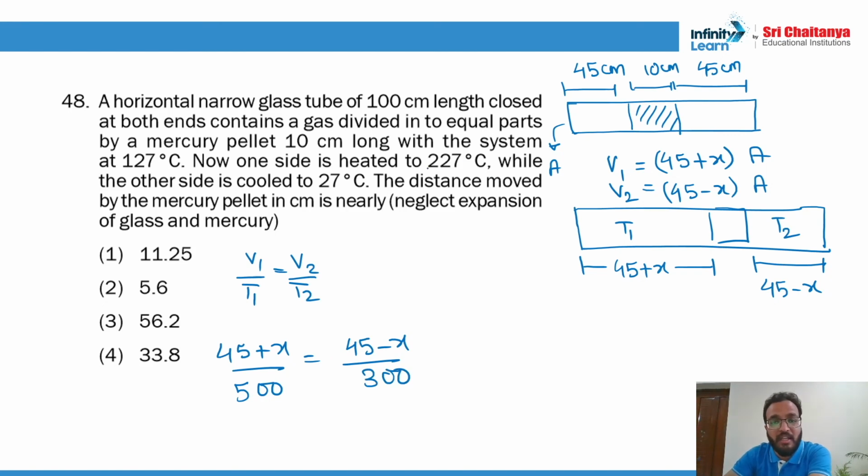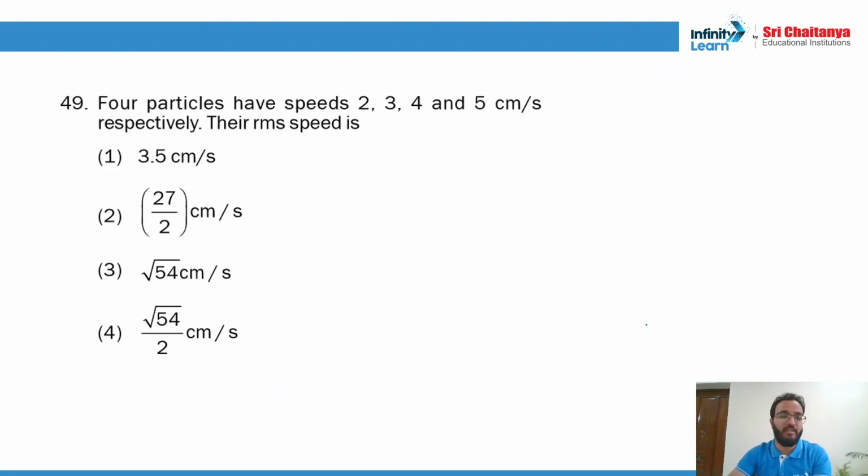Do you understand what I'm saying? 227 degrees Celsius is 500 Kelvin, 27 degrees Celsius is 300 Kelvin. So you solve it, your answer is 11.25. So it is 90 by 8, which is 11.25 centimeter.